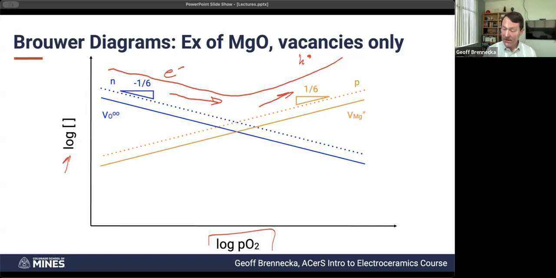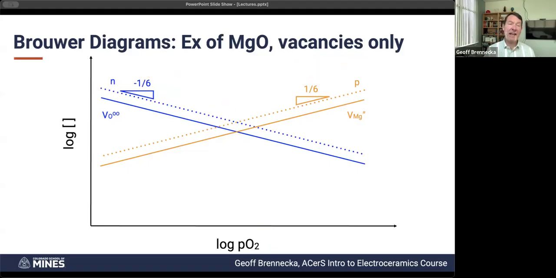And this doesn't just tell us conductivity, because frankly, we might not care about conductivity, but maybe we care about oxygen vacancy concentrations. Maybe we care about magnesium vacancy concentrations. And that's the important part that we get out of these kinds of diagrams, is that relationship.